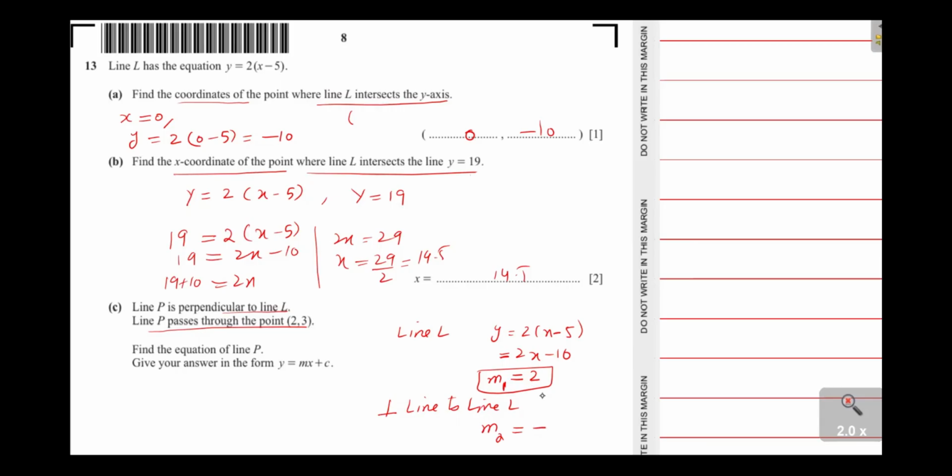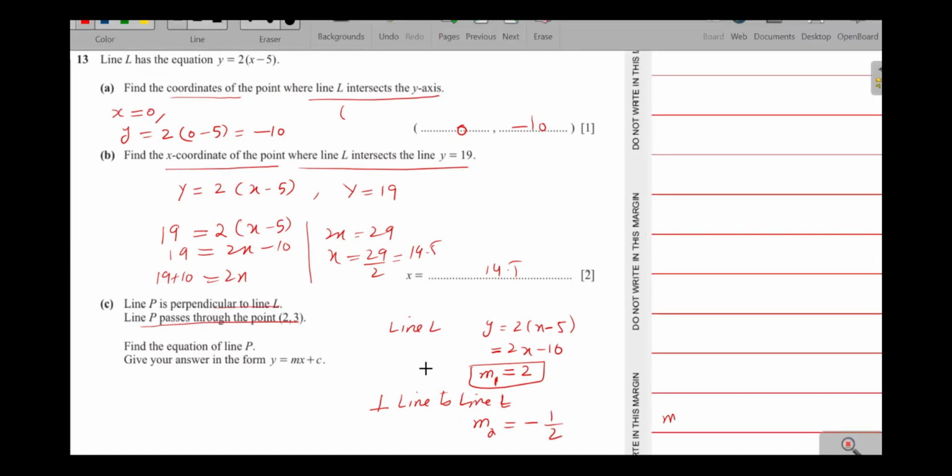This will be the negative reciprocal of the gradient of L. It becomes minus 1 over 2, because the product of the gradients of the given line and the perpendicular line is equal to minus 1. Therefore, the perpendicular line gradient will be minus 1 over m1. It means the negative reciprocal of the given line.